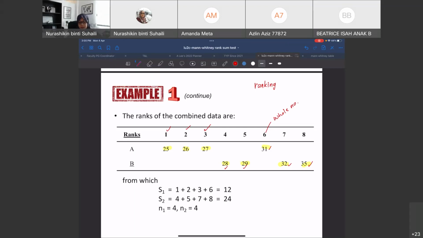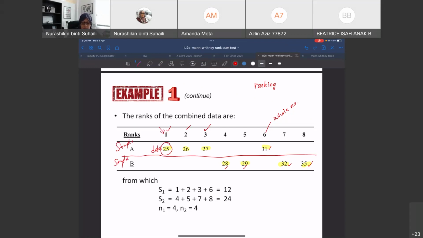Now remember that these are still two different samples. This is sample A, and this is sample B. You have to sum the ranks, not the data. This is data, this is rank.